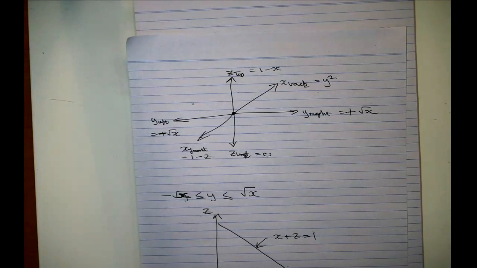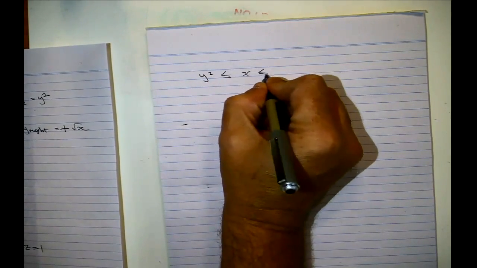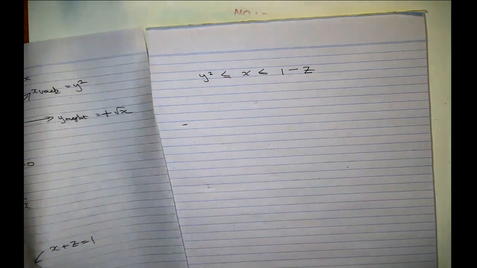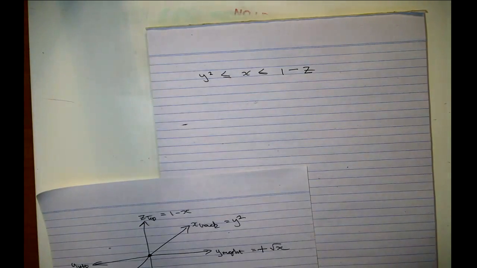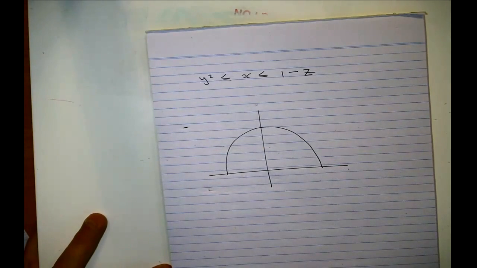Now I can see from this part that x is going from... and if I'm going to integrate, I'm squashing this into the page, so you should be able to see it's something like this, yeah?